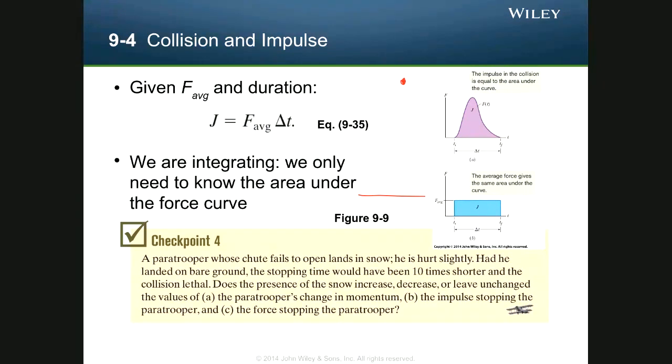You start with the same V, V equals V naught. Now, after the collision, what's the velocity equal to, one way or the other, whether you land on snow or on the ground?